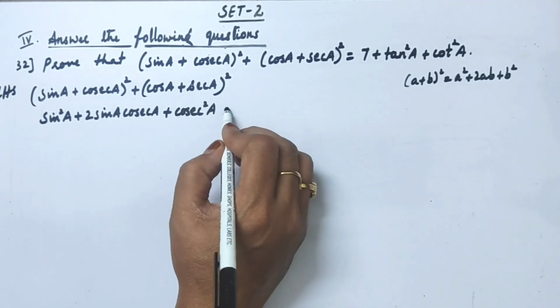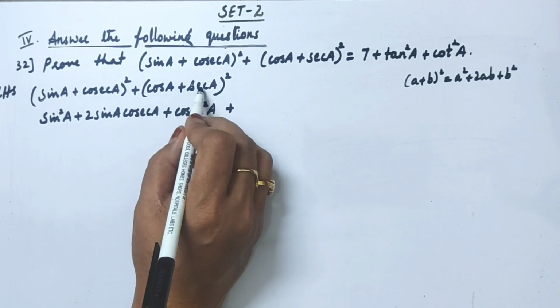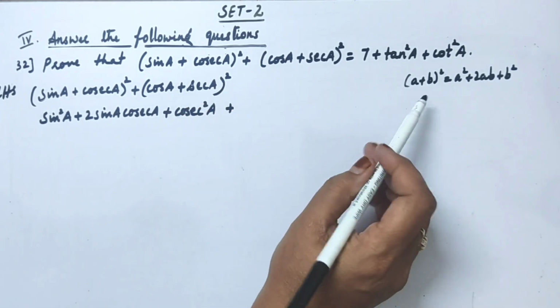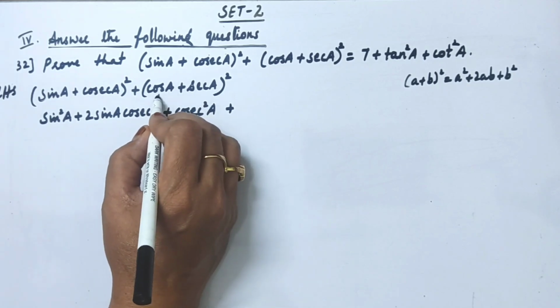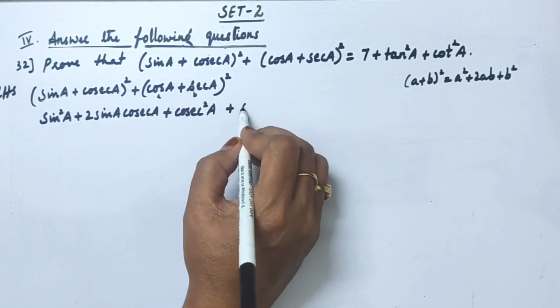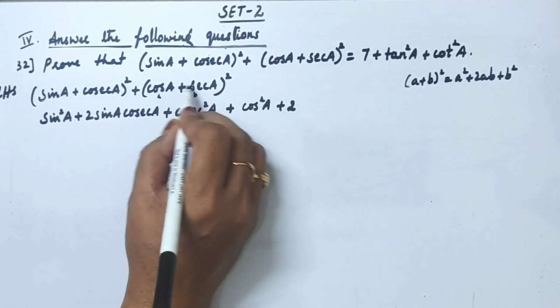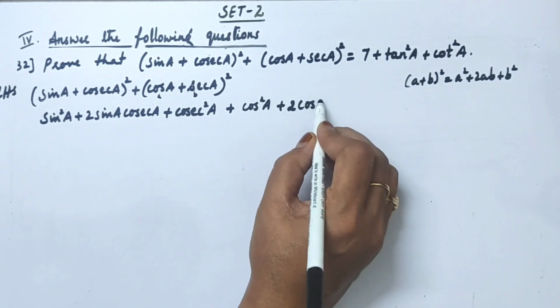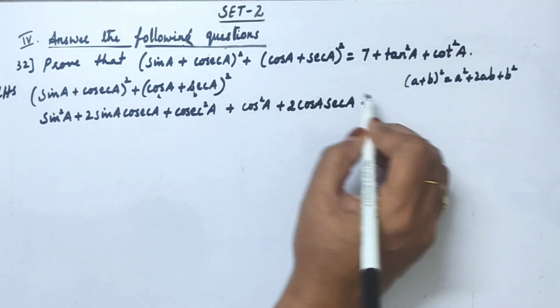So the first part is over. Now the second part, cos A plus secant A whole square. Again we are going to apply the identity. This is A and this is B. A square plus 2AB plus B square.